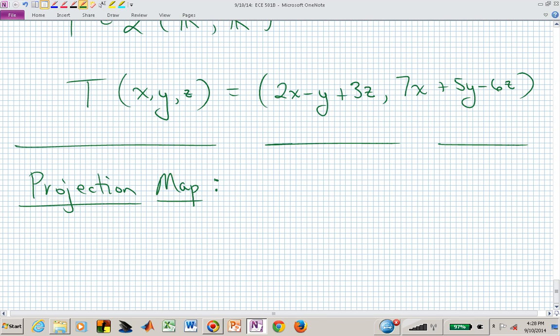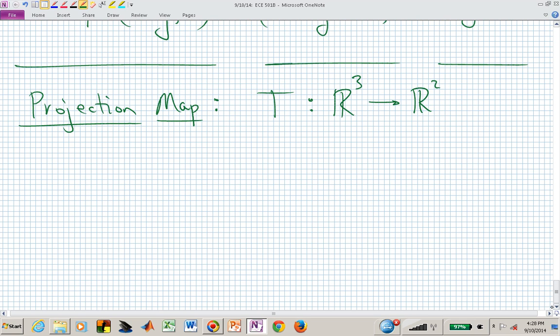Projection map. Here, maybe we have a linear map, again, from R3 to R2. Projection, let's say that it takes T of x, y, z, and now it does what I was saying before.